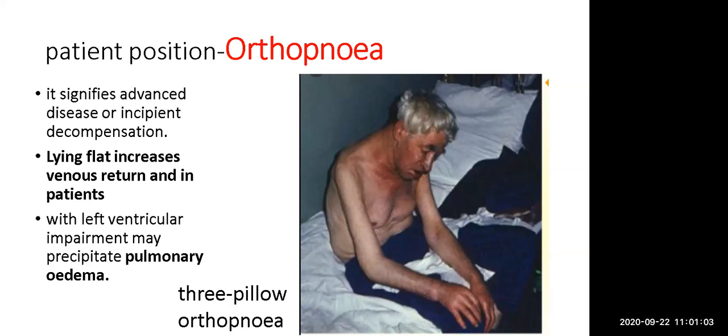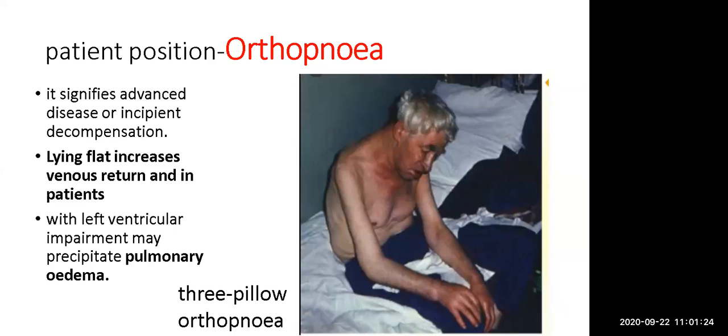And stagnation of blood happens in the lungs. So this is swelling of the lungs, in other words, or the fluids go to the interstitial spaces. So that's why he cannot breathe when he goes and lies on the bed.